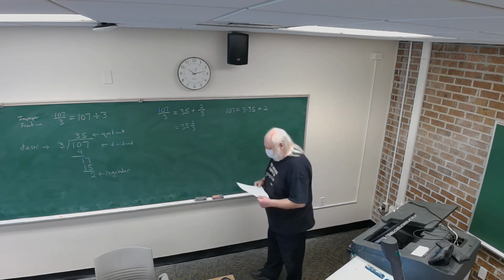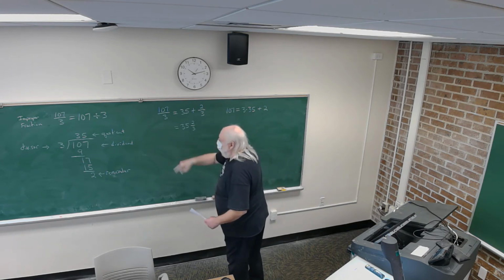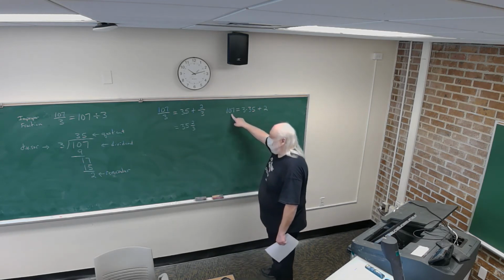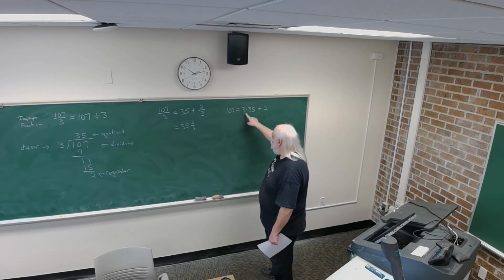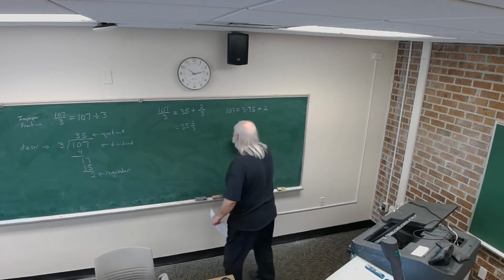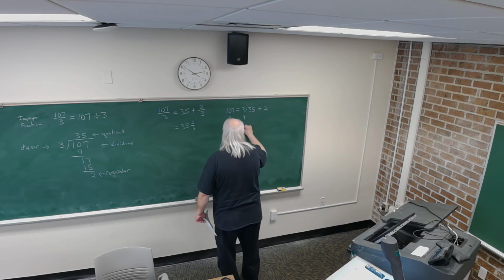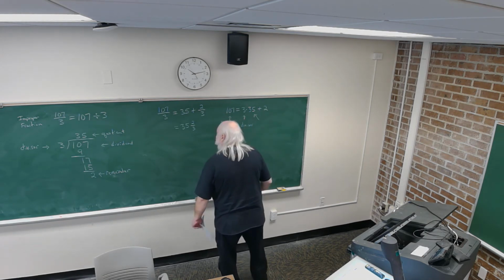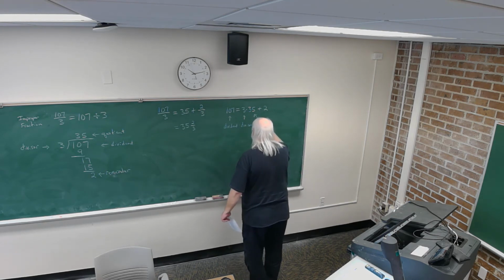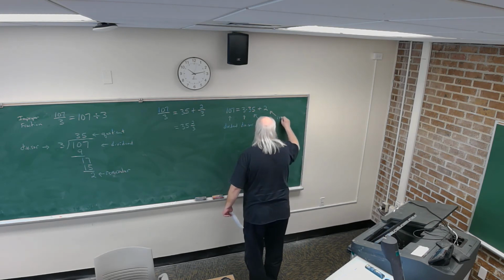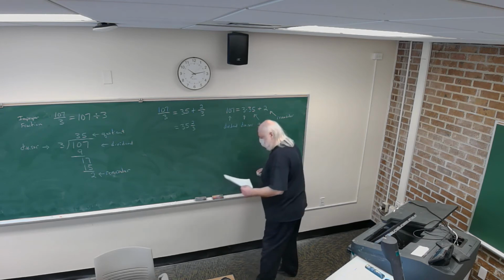So from our long division, we can express the number 107 as 3 times 35 plus 2. 107 is the dividend. 3 is the divisor. 35 is the quotient. And 2 is the remainder.